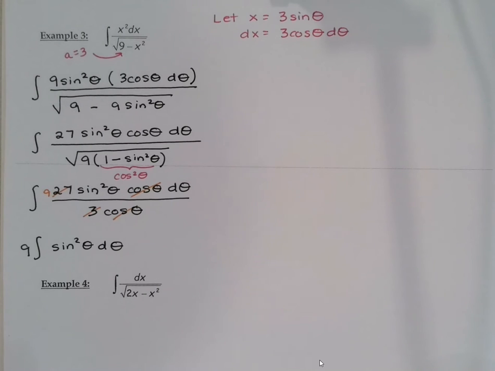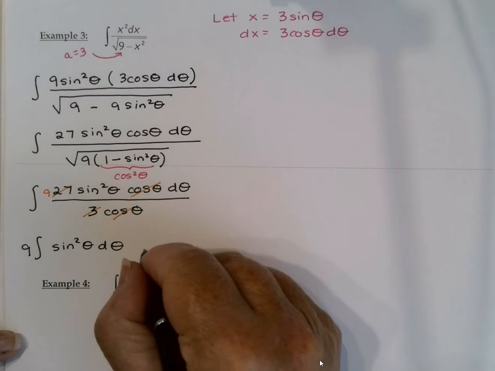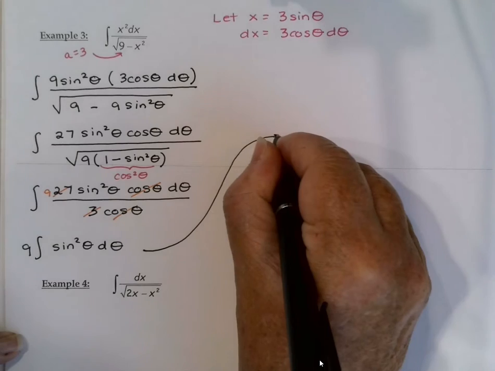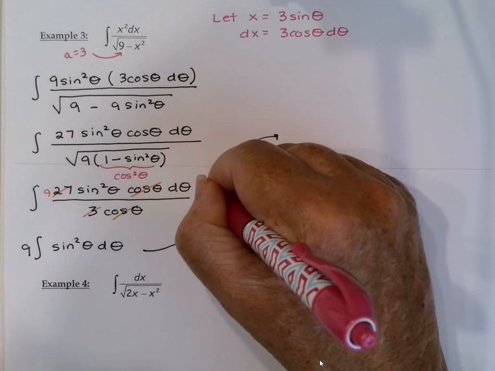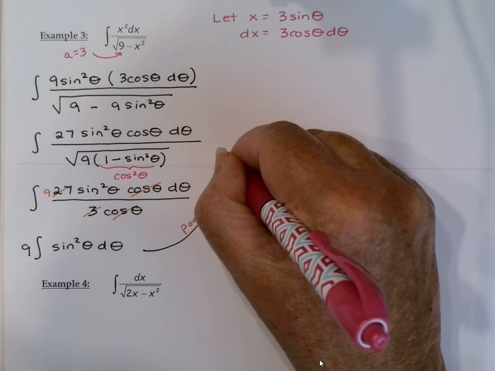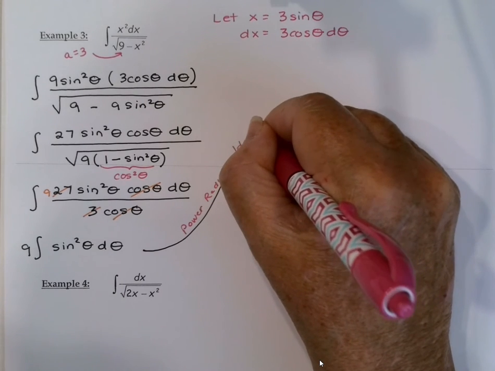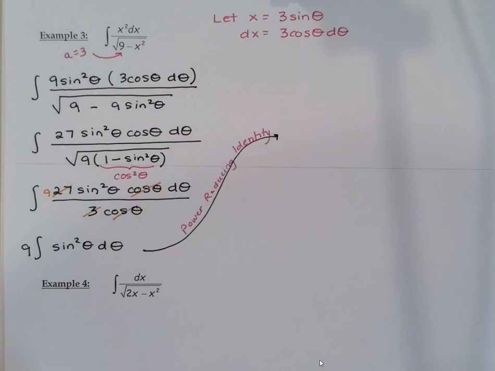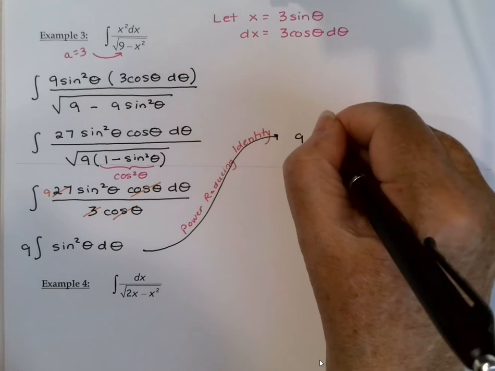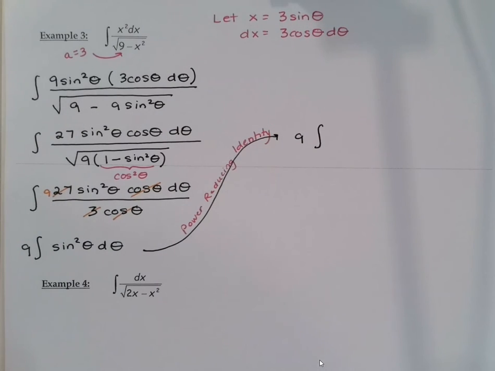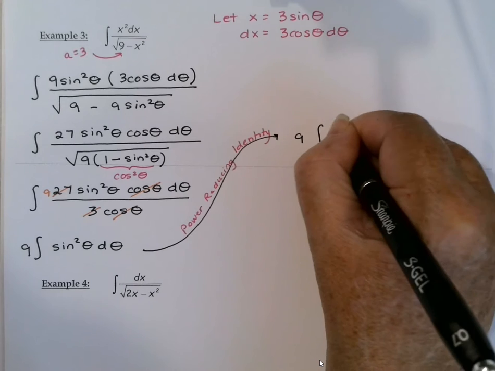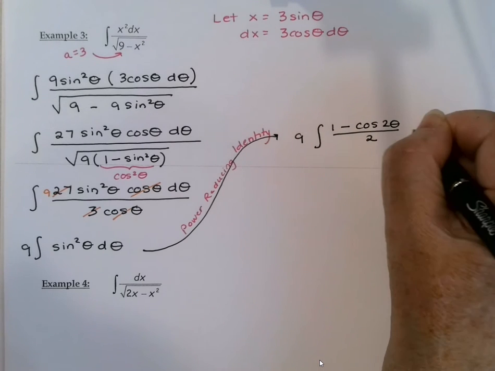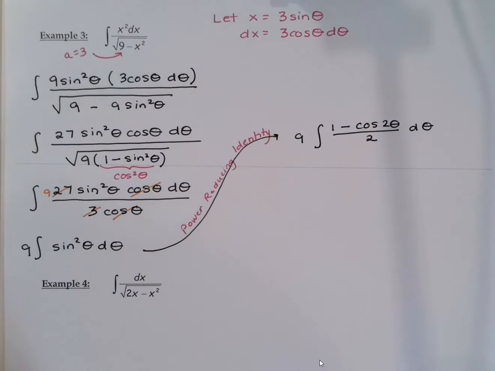I've got an even power of sine, so I'm going to use the power reducing identity to rewrite that sine squared theta as 1 minus cosine 2 theta over 2 d theta.